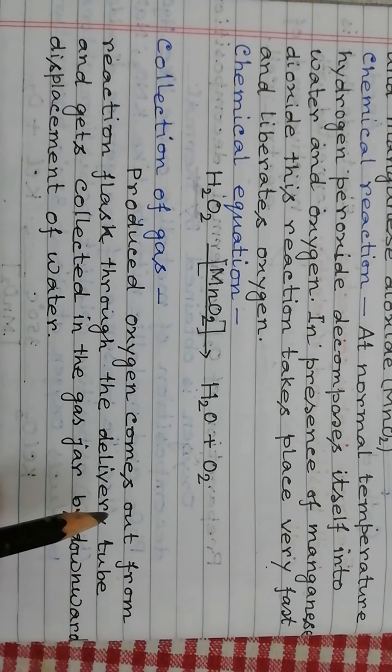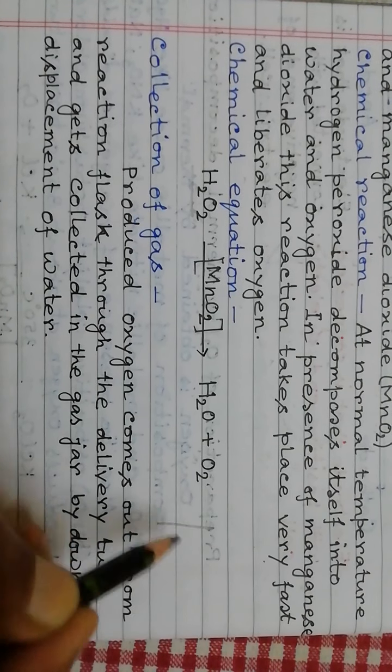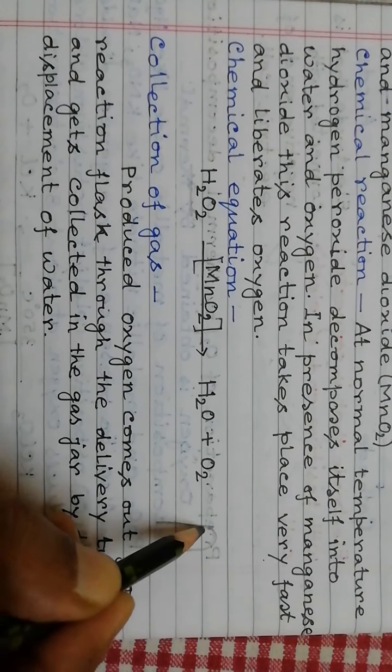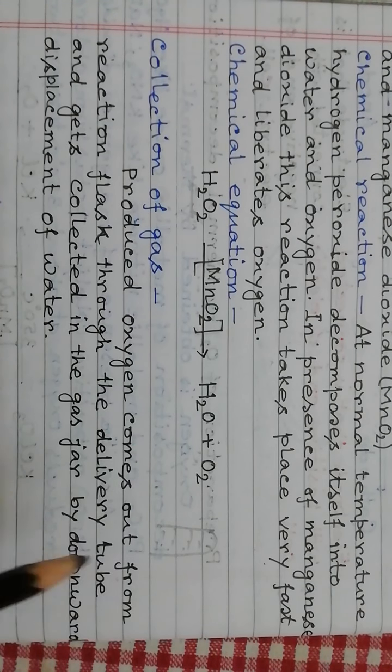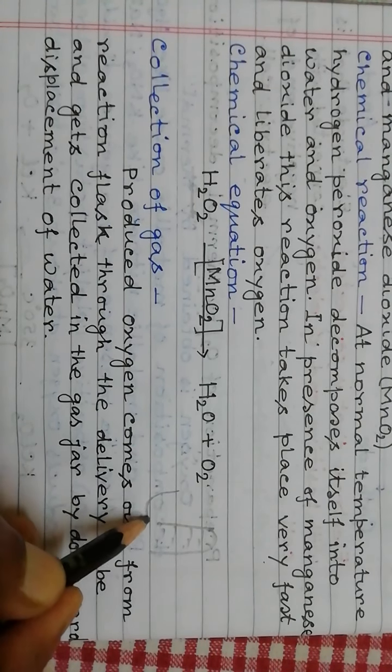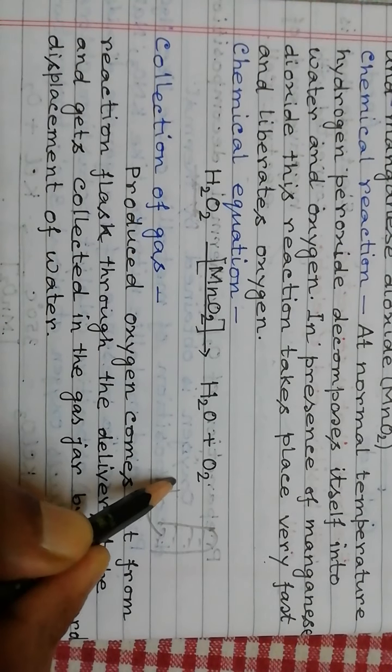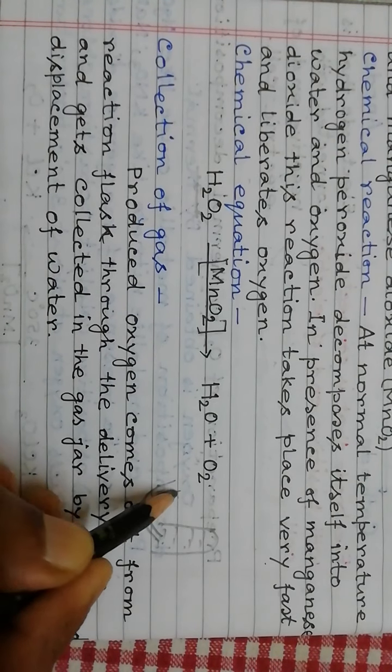What do you mean by the downward displacement of water? Say this is a gas jar. First of all, this gas jar was filled with water, and a delivery tube. This is a delivery tube.